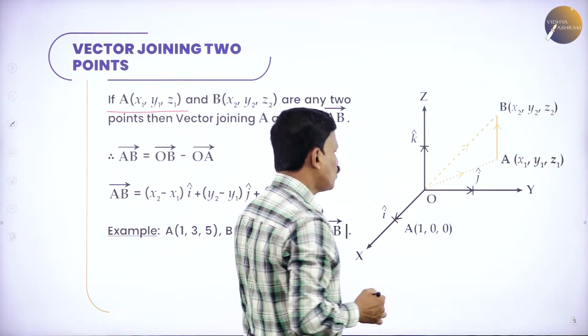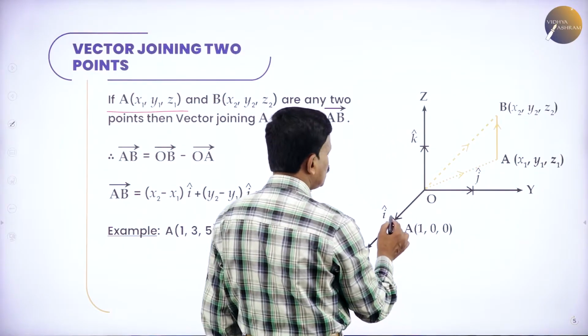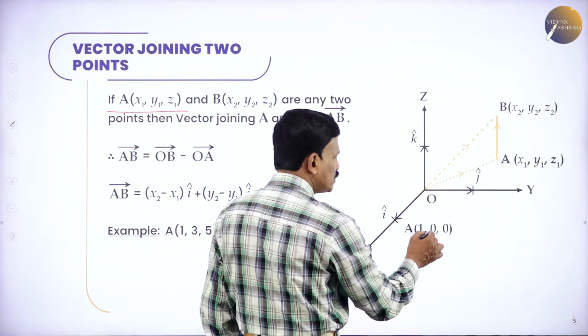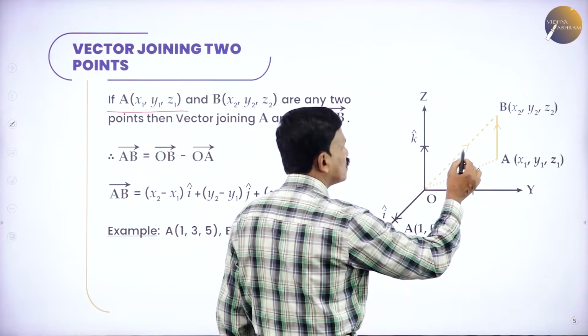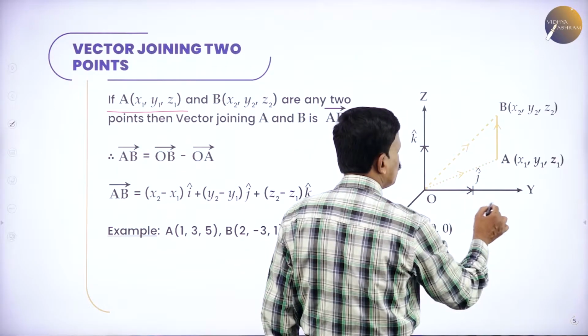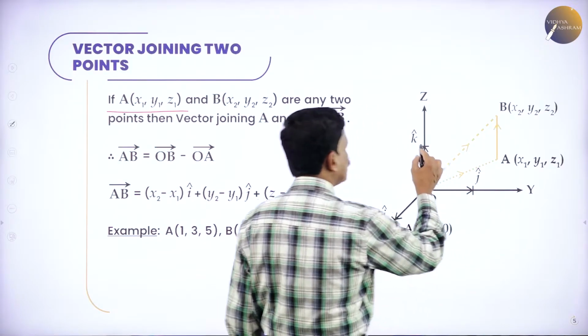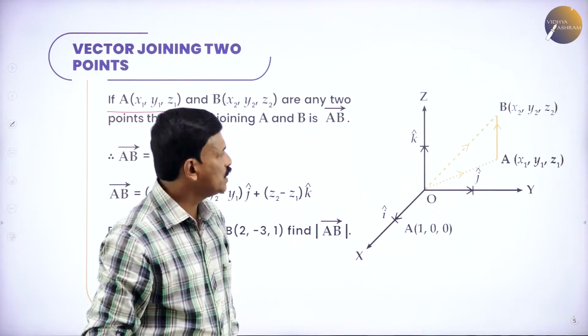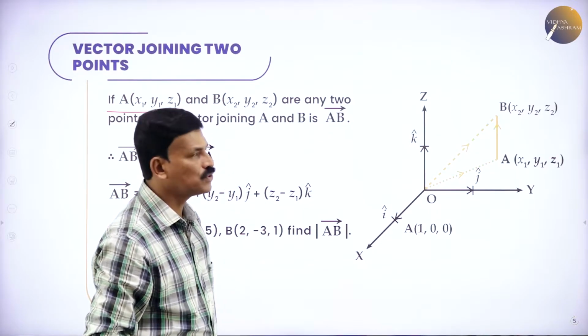So here the coordinates of unit vector i are 1, 0, 0, similarly for j it is 0, 1, 0, and for k it is 0, 0, 1. Now let us consider A (x1, y1, z1) and B (x2, y2, z2).